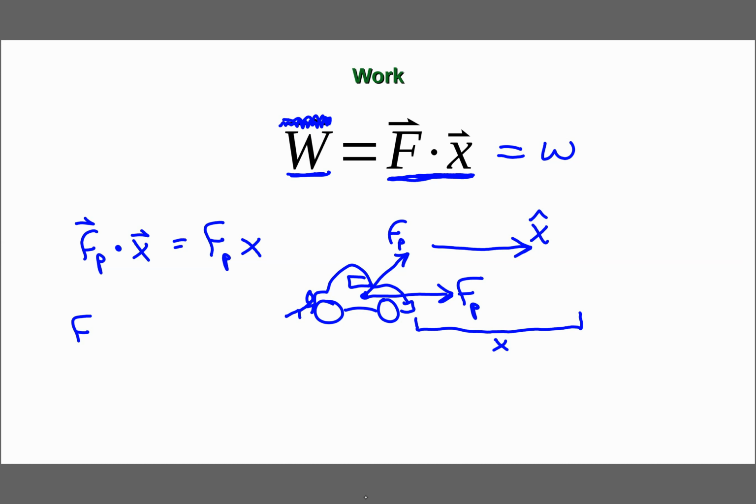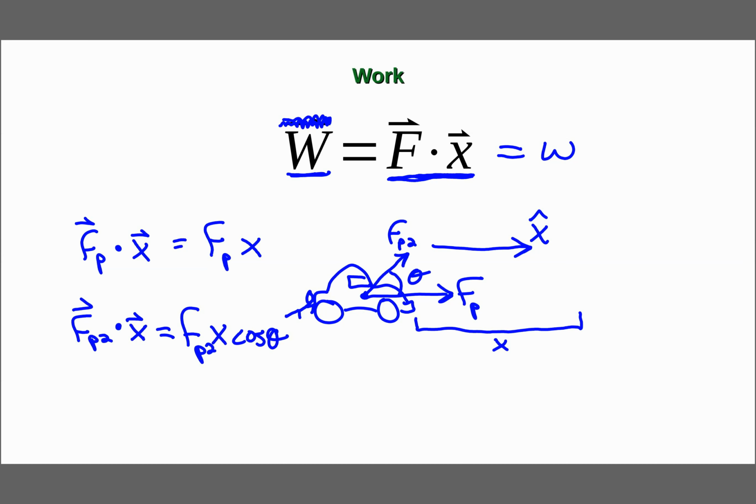So then we'll call this F_P2. With F_P2, you can see the direction of the displacement is this x-hat. It's this direction here that our first force was in. So the work is F_P2 x cos theta.